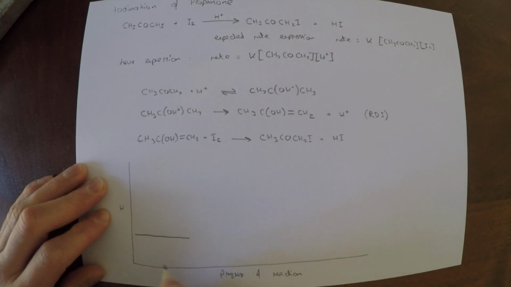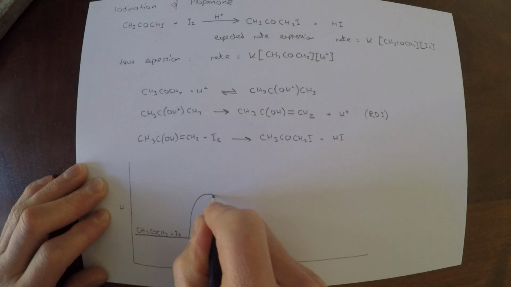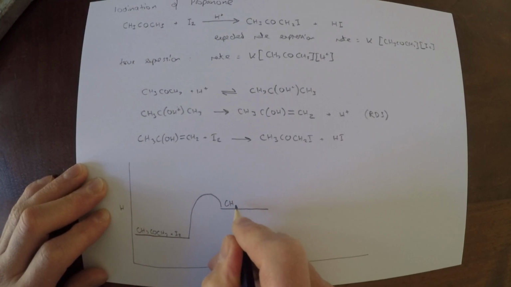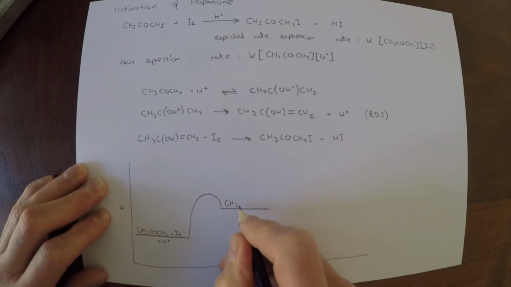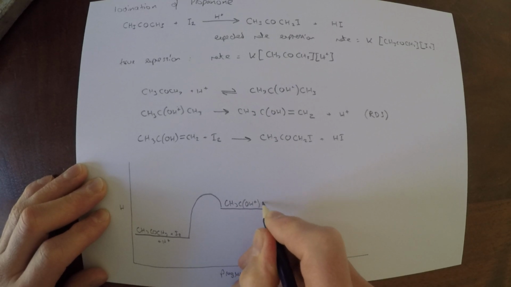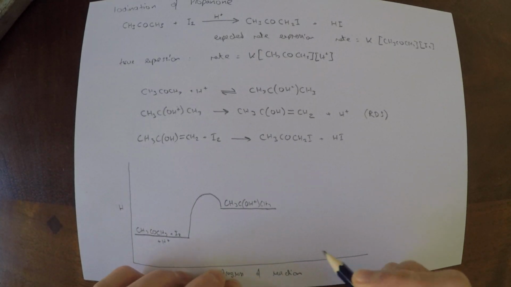We have our reagents, first reacting to form the first intermediate. Notice the iodine hasn't been involved yet.